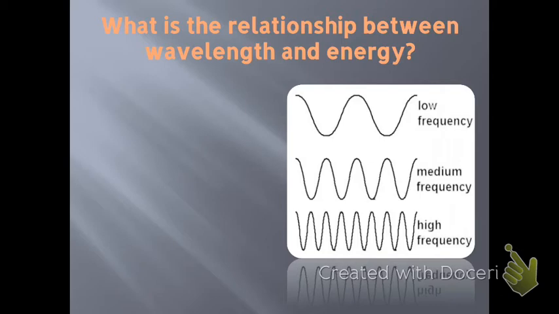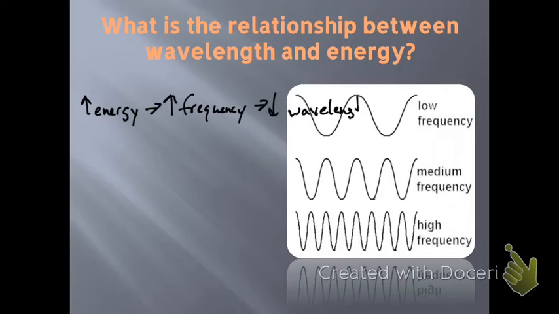So let me write that down: as energy increases, this increases the frequency, and remember, increasing frequency decreases wavelength. And as energy decreases, the frequency decreases, and therefore the wavelength increases.